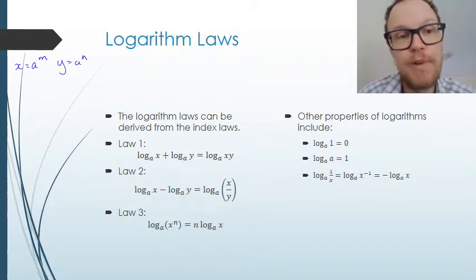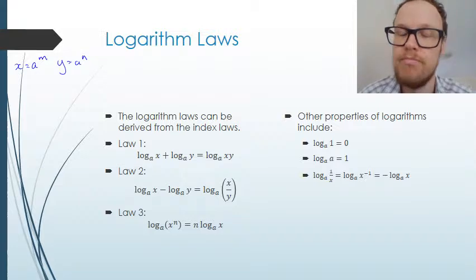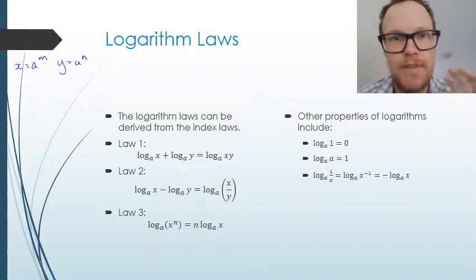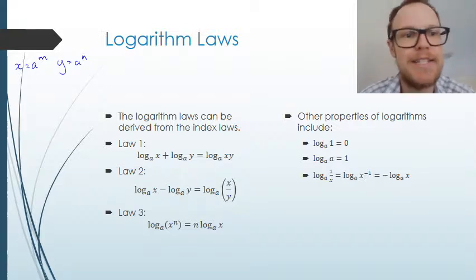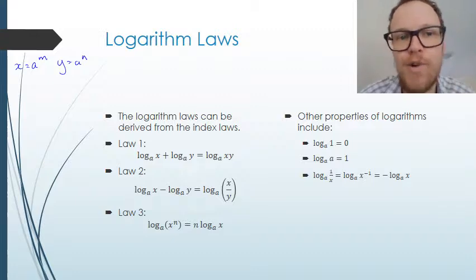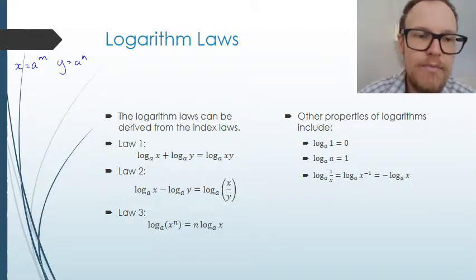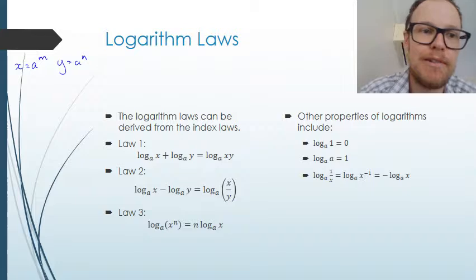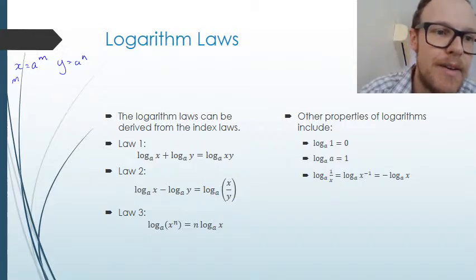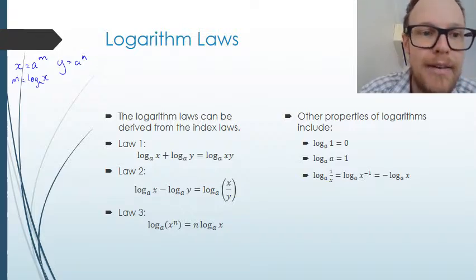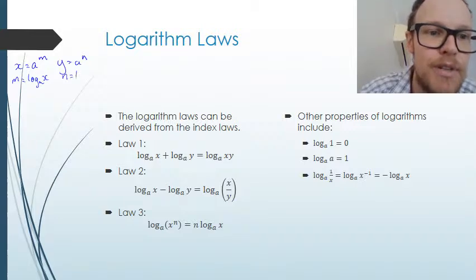I'm letting x equal a to the power of m and y equal a to the power of n. If I rework these using logs, then m is equal to log to the base a of x, and for y, n is equal to log to the base a of y.